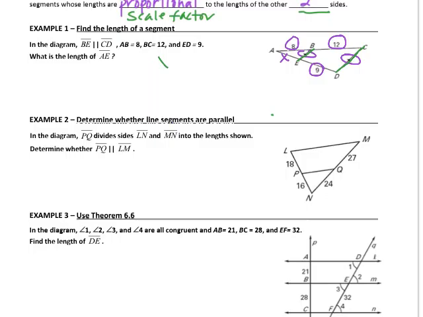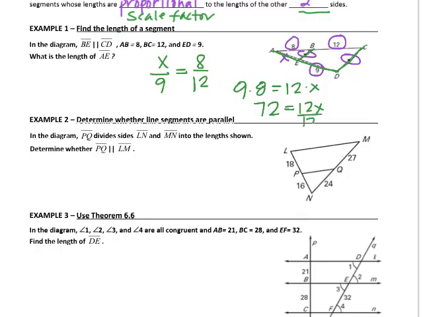The side that is x over 9 equals 8 over 12. All we have to do then is cross multiply. So we have 9 times 8 equals 12 times x, so 72 equals 12x, and if we divide by 12, we will see that x is 6.